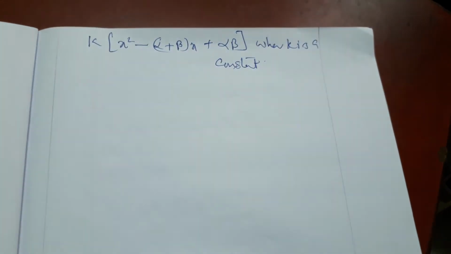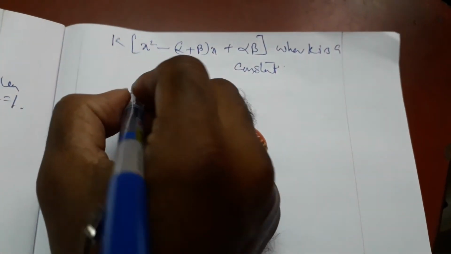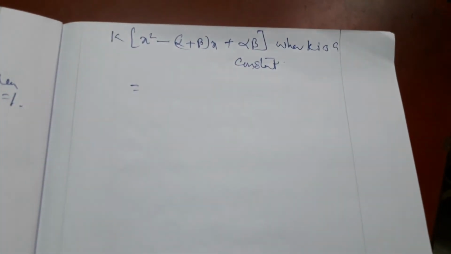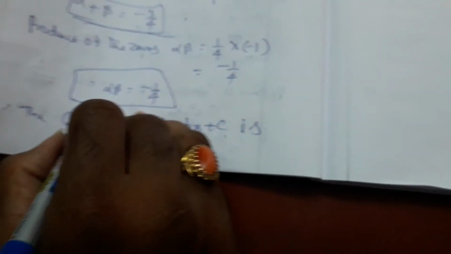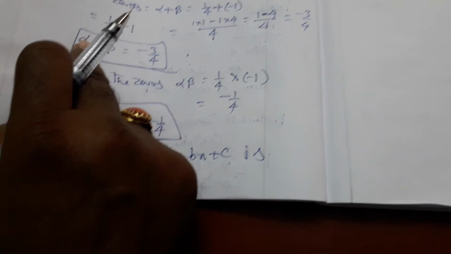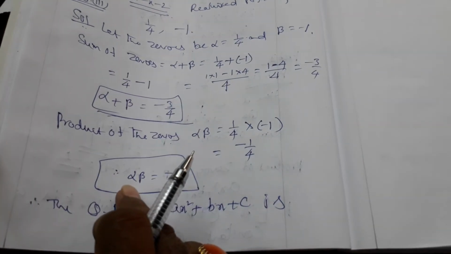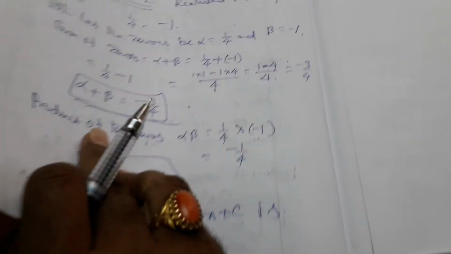Now for this problem, alpha plus beta is derived already, minus 3 by 4, and alpha into beta is minus 1 by 4. Sum of zeros alpha plus beta is equal to minus 3 by 4. Product of zeros alpha into beta equals minus 1 by 4.